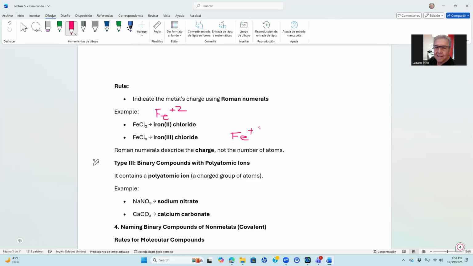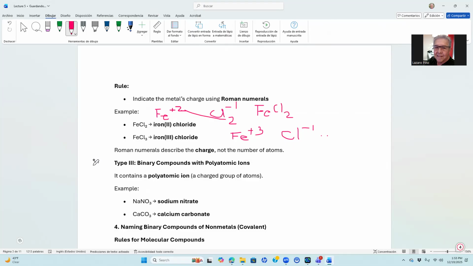Chloride is -1. In this case, the 2 goes down, and the formula is FeCl2.